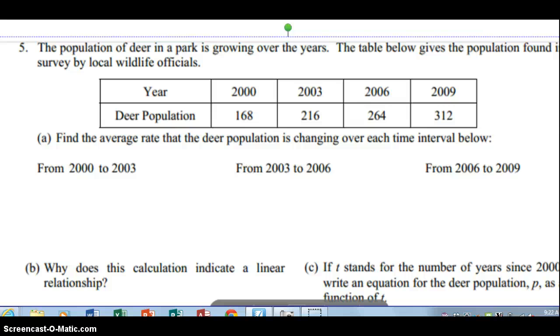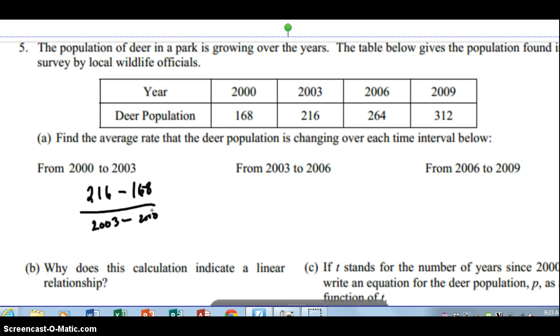Find the average rate that the deer population is changing over each time interval below. 2000, 2003. Isn't that going to be 216 minus 168 over 2003 minus 2000?